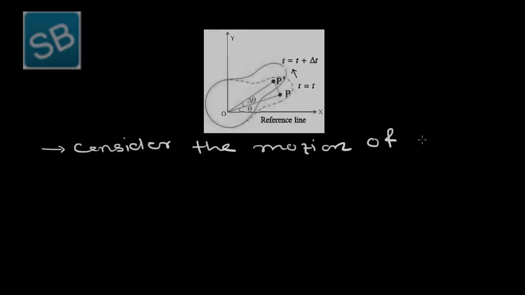Here we have considered the motion of a rigid body, that means a rotational motion, and here the rotational axis is OZ, which is fixed.